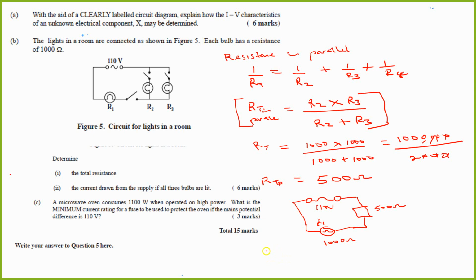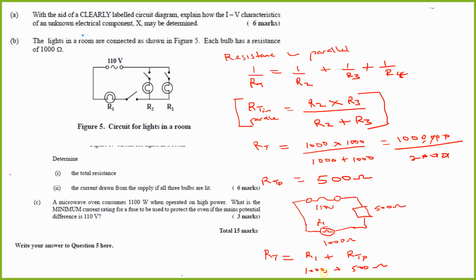Definitely. So now the RT, which is the final resistance, is going to be R1 plus RT in parallel. So we can now put in that information. So R1 is 1,000, and we're adding that to 500.